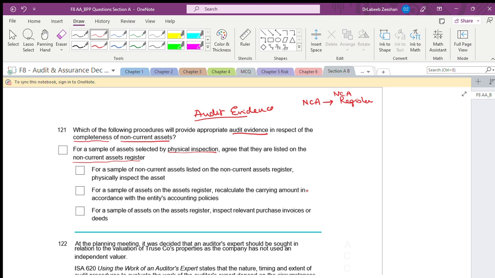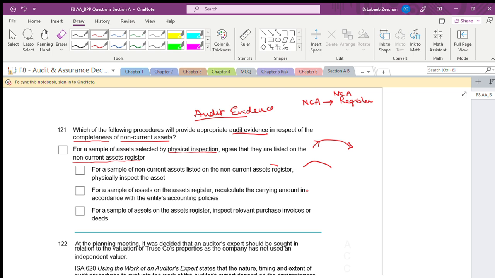Now the second one: for a sample of non-current assets listed in the non-current asset register, there is no physical inspection. We are going from back to front. We should not do that. We should go from the beginning to the next stage.